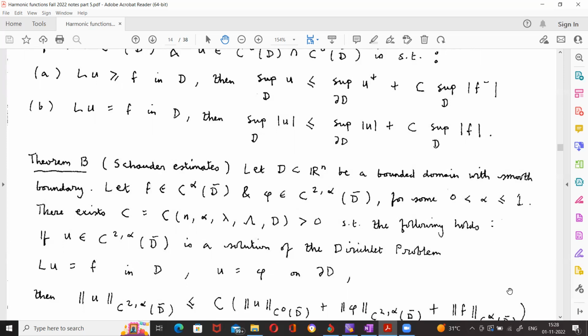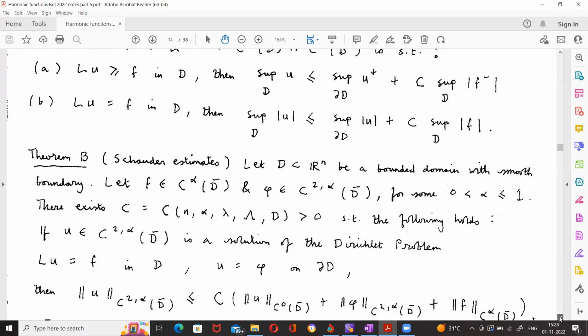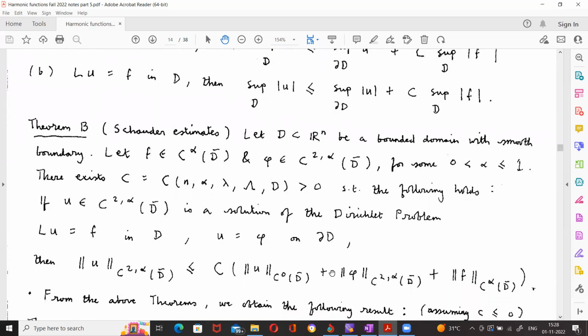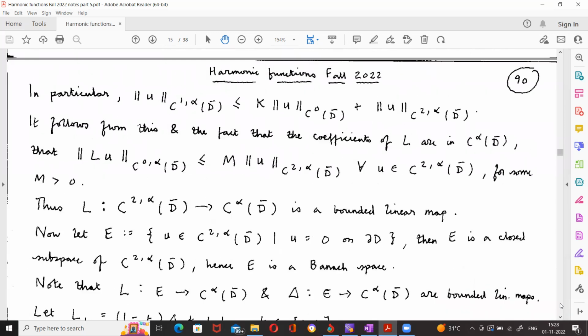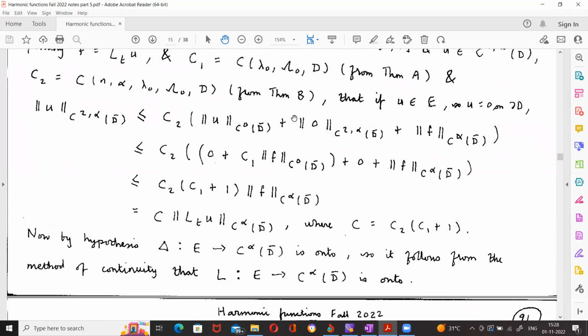Then in my estimate, the C2 alpha norm of phi is going to vanish, and then I have the C alpha norm of F. So I have the C2 alpha norm of 0 plus the C alpha norm of F.